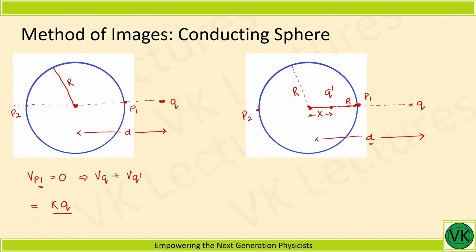So it is d minus r, plus the potential due to q dash at point p1. If this distance is x and the entire distance is r, it will be r minus x. So kq dash divided by r minus x should be equal to 0.